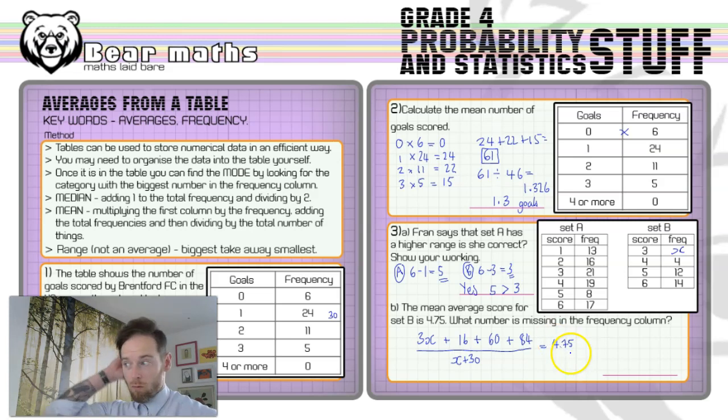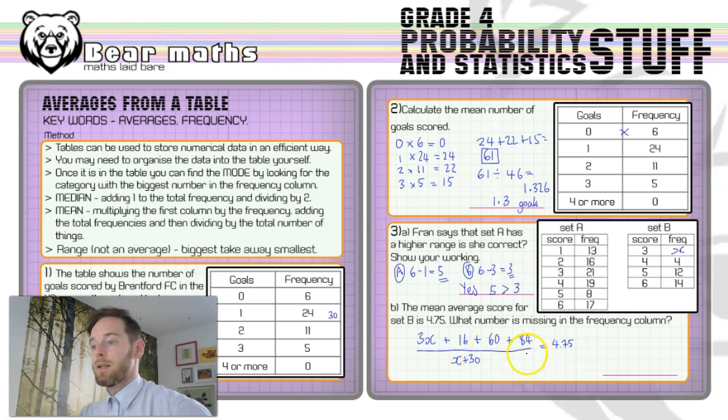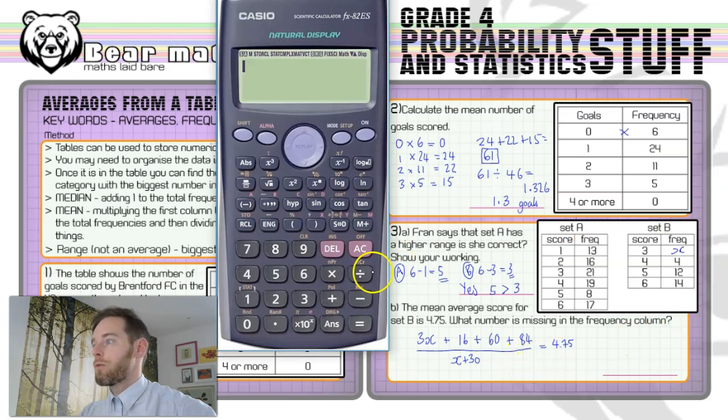Now, what we can do is create our equation to solve here. I'm running out of room, so I am going to find out what 16 plus 60 plus 84 is. That's 160.